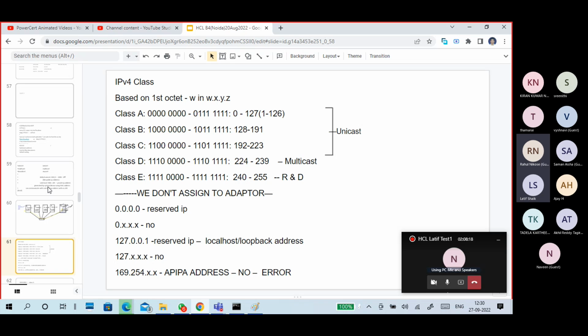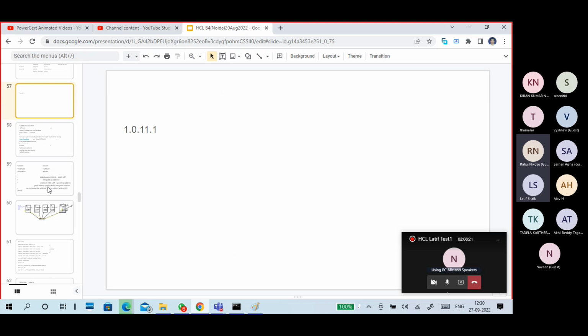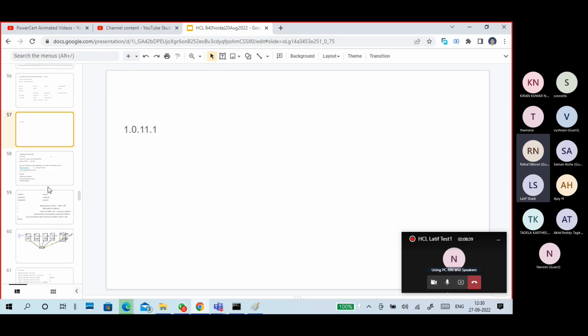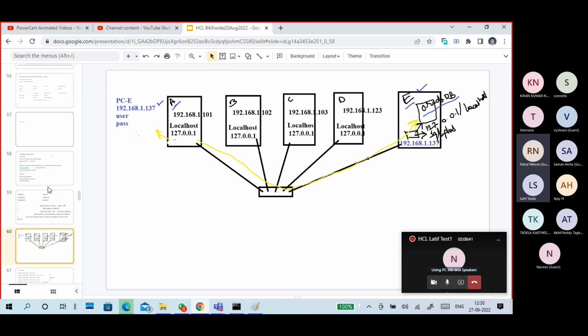But there is one last IP address that is very useful: 255.255.255.255, the last IP address in the total range. That is the universal broadcast.